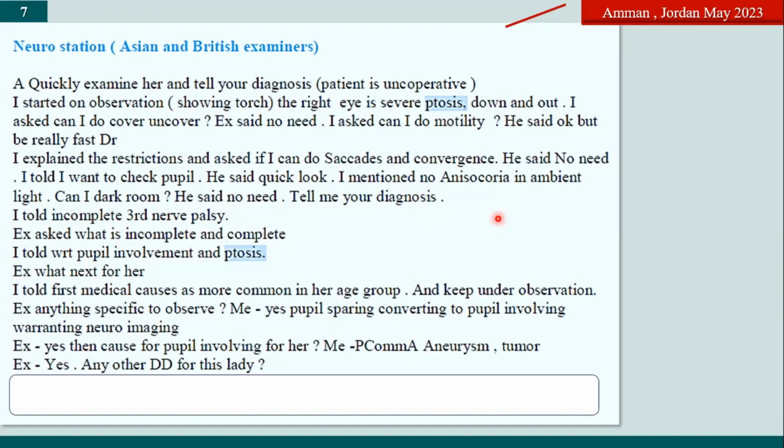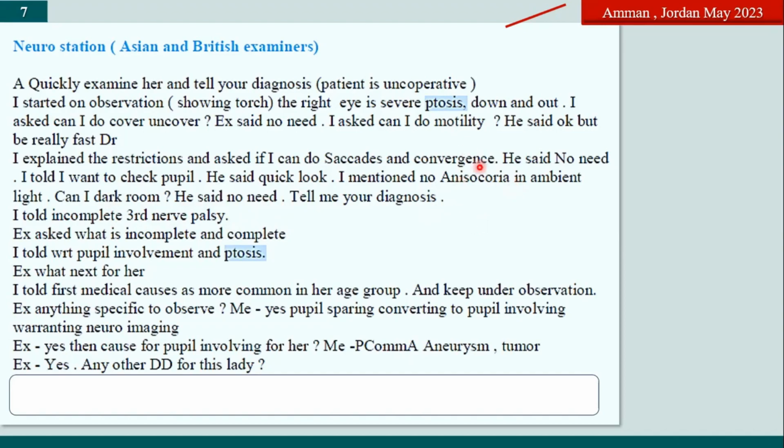Photopic light, okay. But since there's no anisocoria in ambient light, definitely there is no anisocoria in dim light. So there is no need to check in dim light. That's why the examiner refused to do so. And since there is no anisocoria, of course, you know the pupil in third nerve palsy is dilated and fixed, as we mentioned in the previous class.